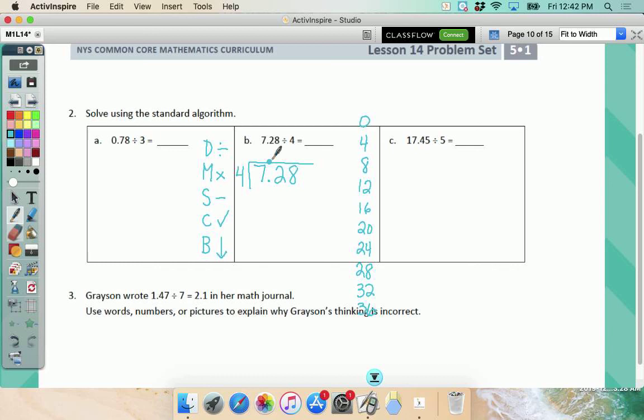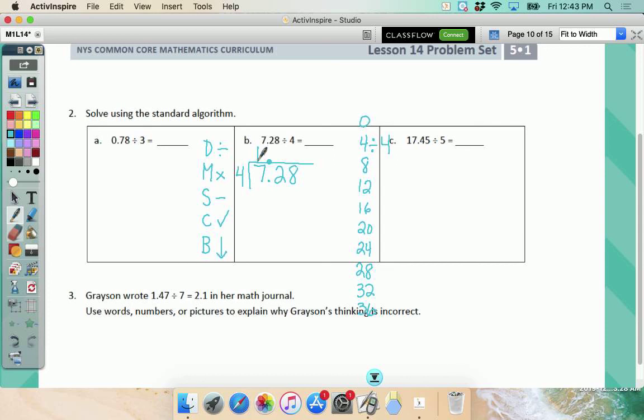Okay? So here's my first question. 7 divided by 4. Destiny, I'm looking for a number over here close to 7 without going over. 4. So what am I dividing by, boys and girls? 4. So 4 divided by 4, what is it? 1.